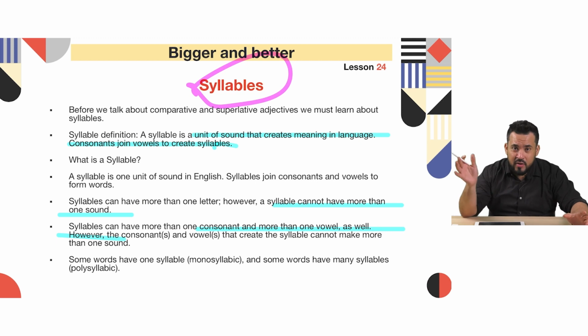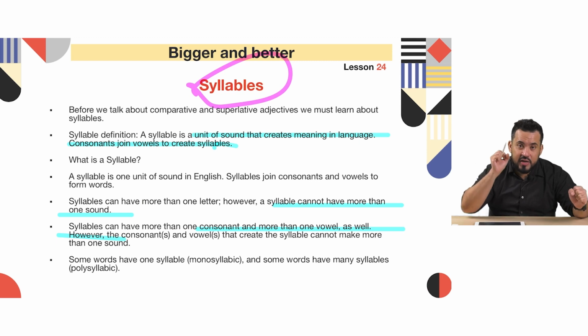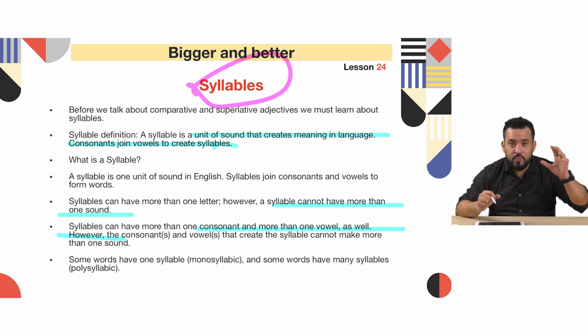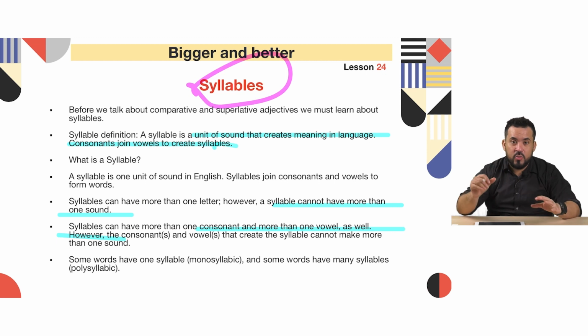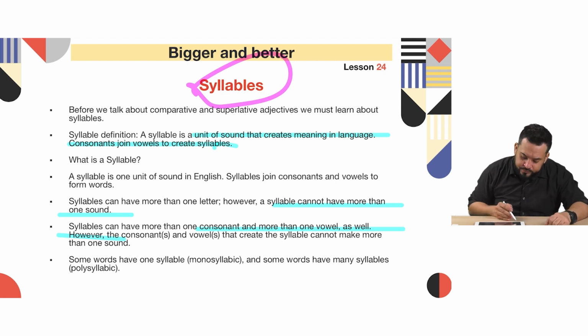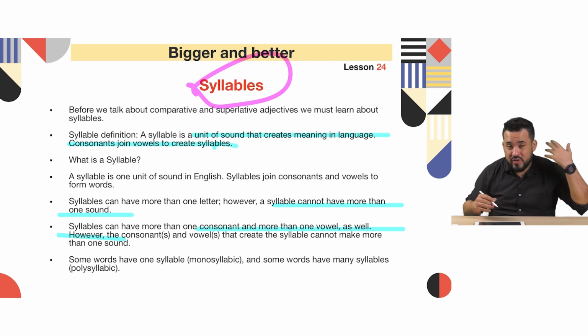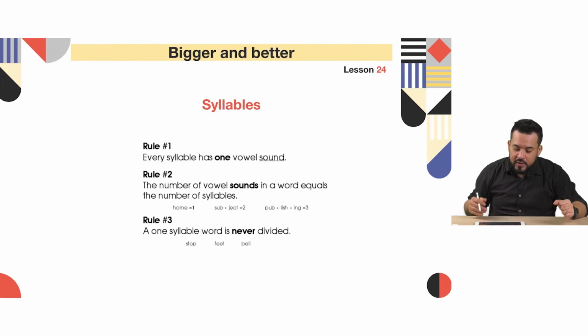It doesn't matter. All that matters is, when you say it, how many parts of the word are there? How many pauses do you make? Do you say it at once or do you pause? Interesting, that's three syllables. So it's the number of pauses, the parts of the word. Some words have one syllable, some have two, some have three, four.